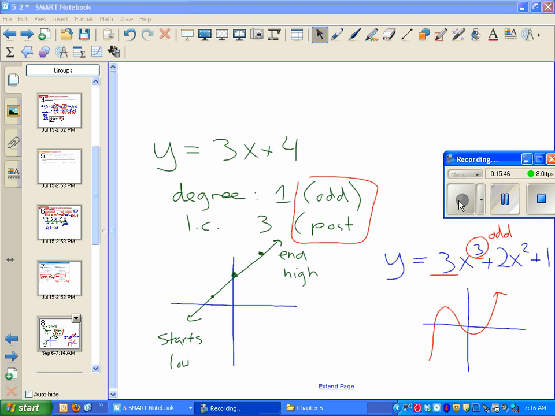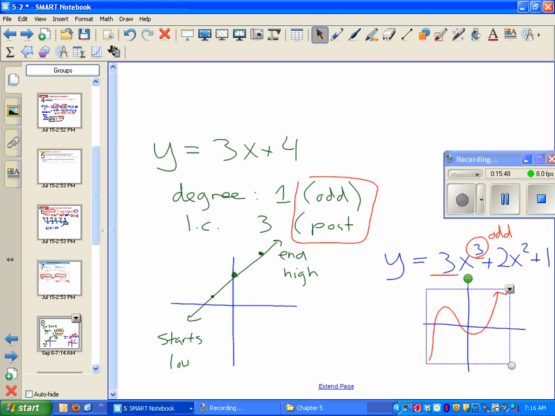So the odd function still starts low. It's going to look a little different in the middle, but it's still starting low and ending high. So it still follows that positive slope behavior, just like it did in Algebra 1.